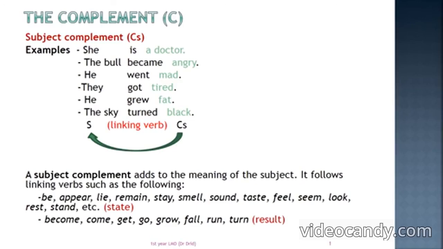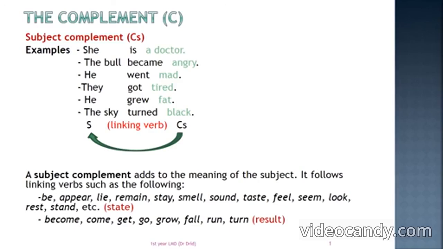The second category of linking verbs expresses a result. The first verb is to become, like the bull became angry. This indicates a change of state or a result. The same thing can be said about the verb to come. For instance, my dream came true.